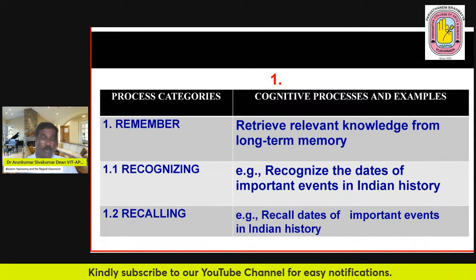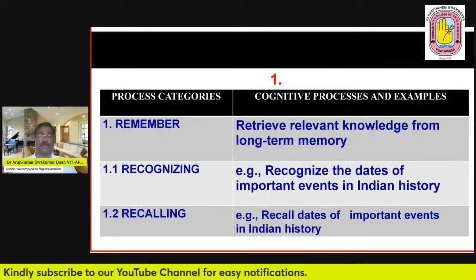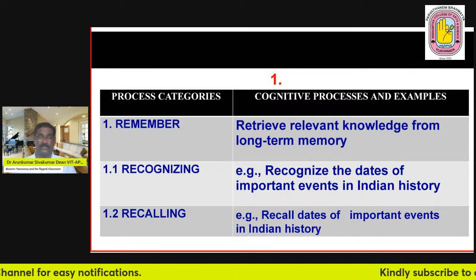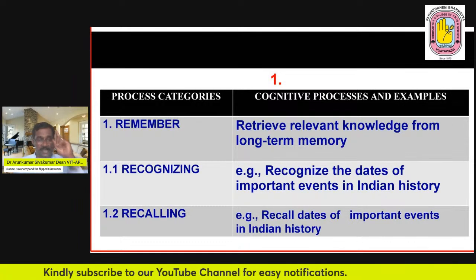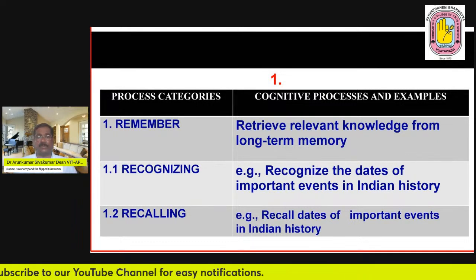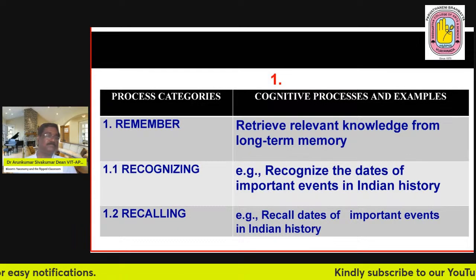Your faculty's own video, the students watch about the concepts. Whatever concept you record and post to the students, they should be able to retrieve the relevant knowledge from long-term memory. They should recognize the dates of important events, recall the things I have done with them.